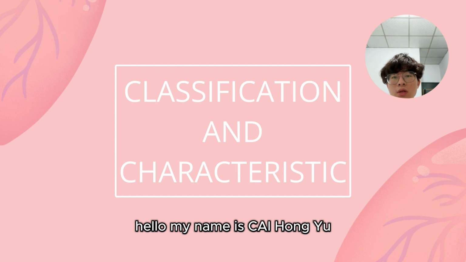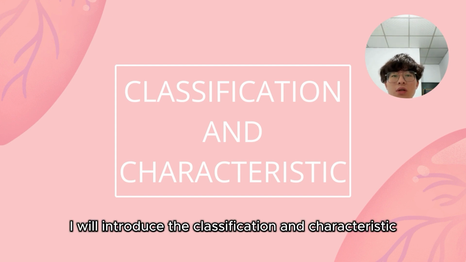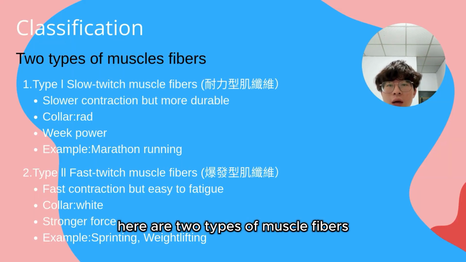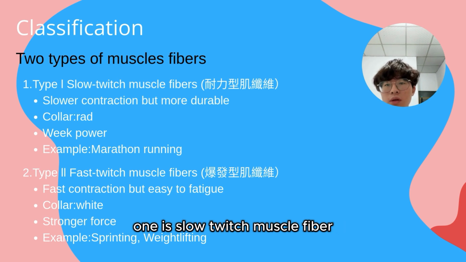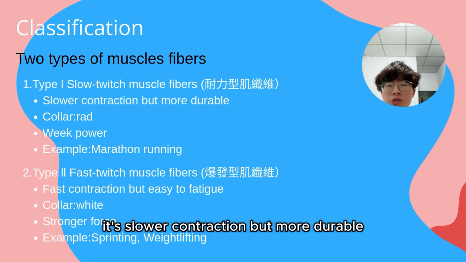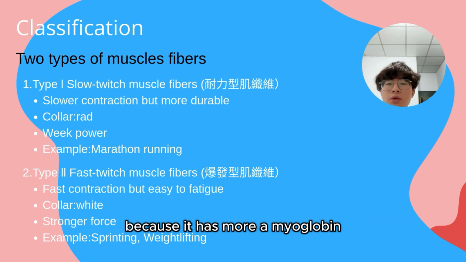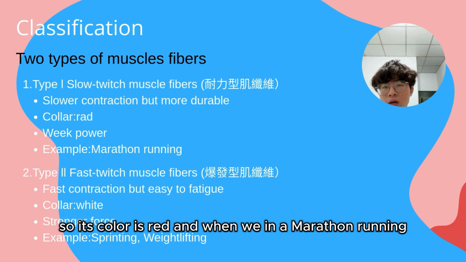Hello, my name is Cai Hongyu. I will introduce the classification and characteristics. Here are two types of muscle fibers. One is slow twitch muscle fiber. It has slower contraction but is more durable. It has weaker power than the fast twitch muscle fiber because it has more myoglobin, so its color is red.